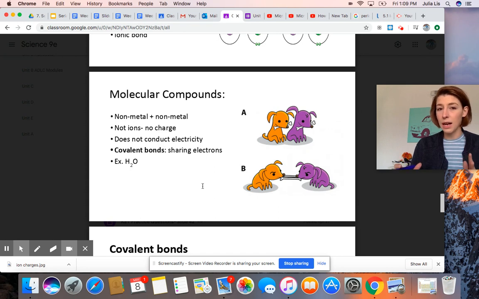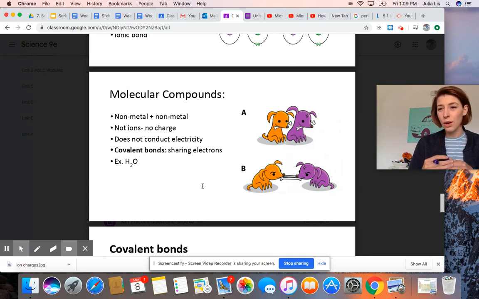And what they decide is that they will share electrons so that both of their outer valences, their outer rings, will be full of electrons. And we call this sharing of electrons a covalent bond. So if you ever hear that you have elements that are covalently bound, that means that they're sharing electrons.